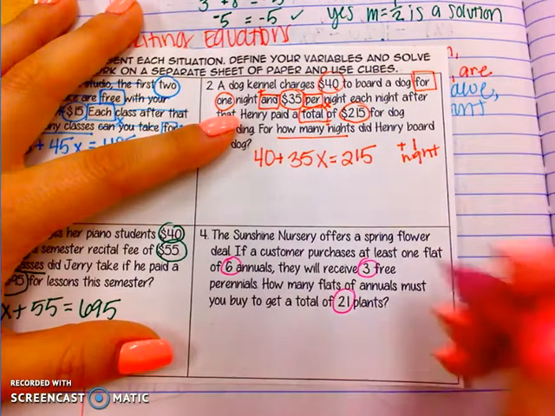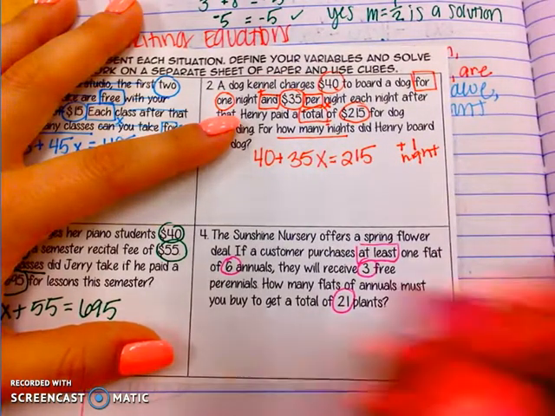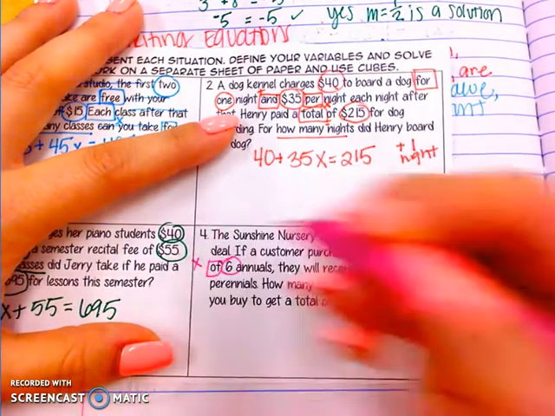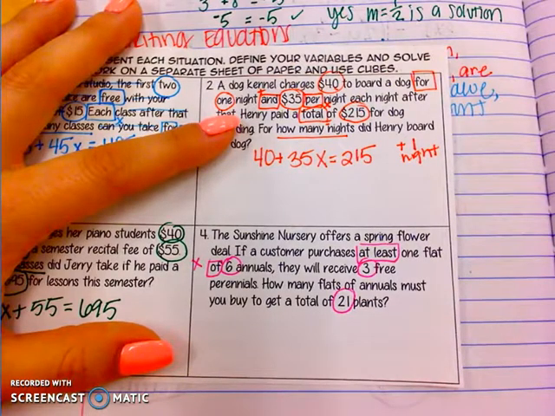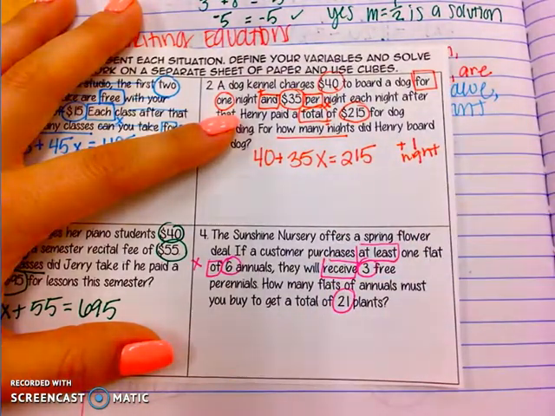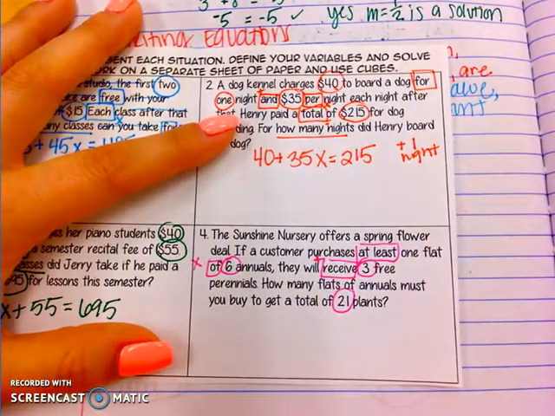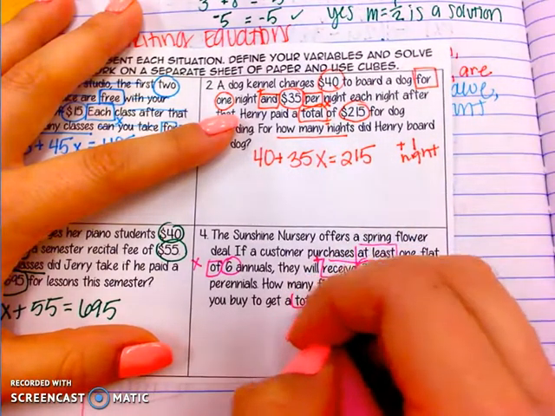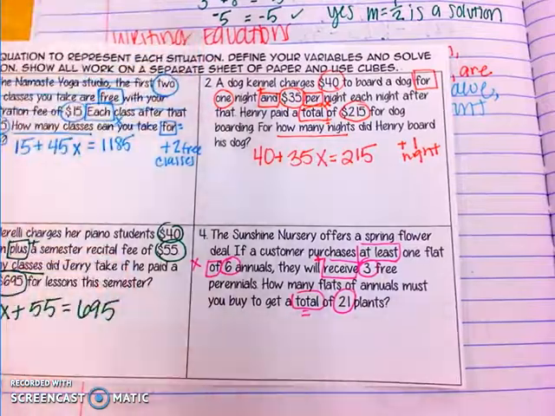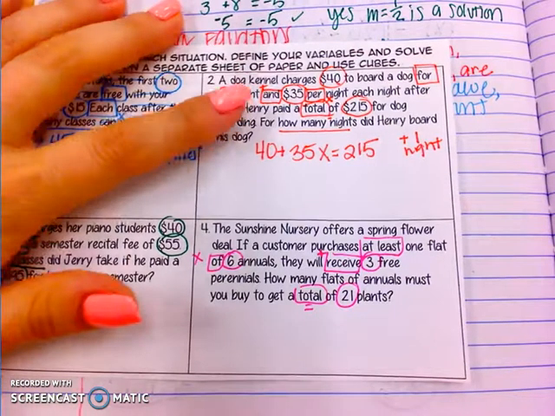Box in the keywords. At least. Of means to multiply. They receive, so they get, they're given, so that's going to be an add. Total is equals. And you could eliminate the rest. I did not eliminate the information in those two. As long as you got those key terms, that's important.